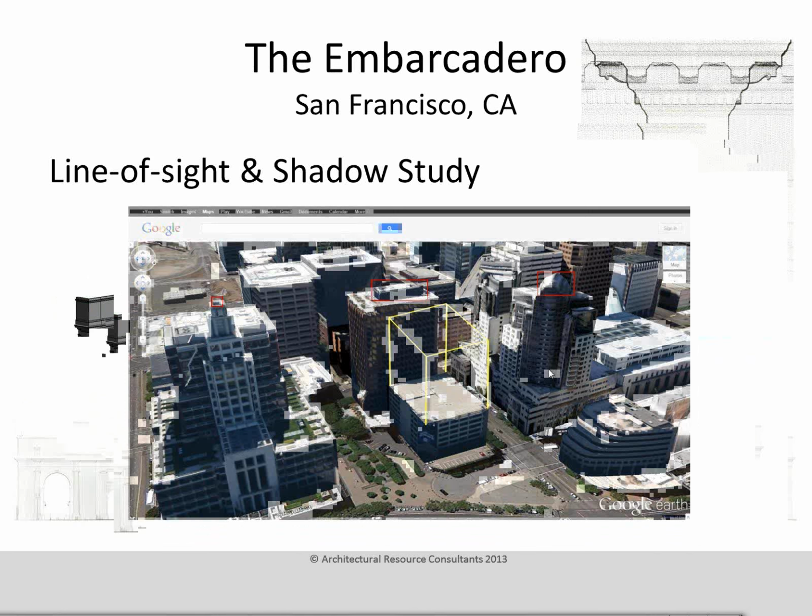This was a project up in San Francisco where an architect was looking at designing a new high-rise building in this location, and they needed to perform some shadow and line of sight studies for the city to get some preliminary approvals. What they needed to do is model the surrounding buildings as well as mock up their proposed building.